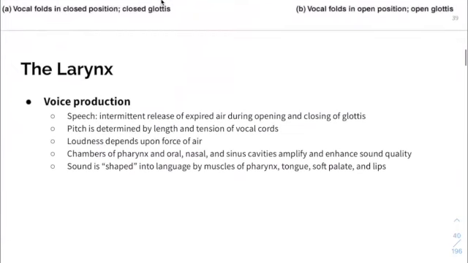So how do we produce speech? Well, we produce speech by controlling the rate of air. Yes, false vocal cords are always above true vocal cords.